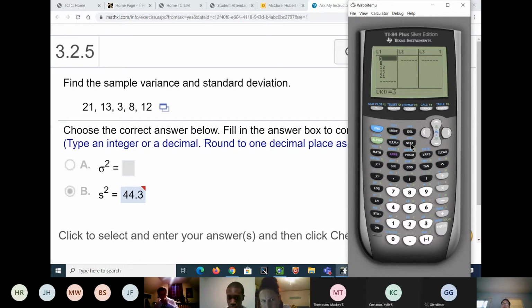And now I'm going to hit Stat, Calculate, first variable statistic, scroll down to Calculate, and there's your mean, 11.4. So the mean is 11.4. The standard deviation is equal to 6.6558.